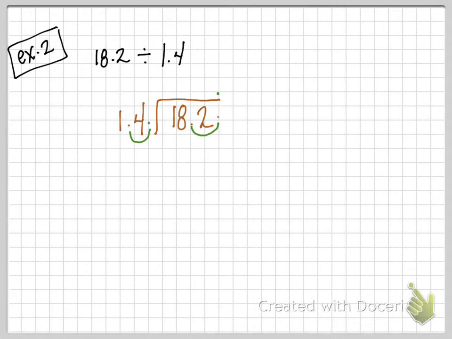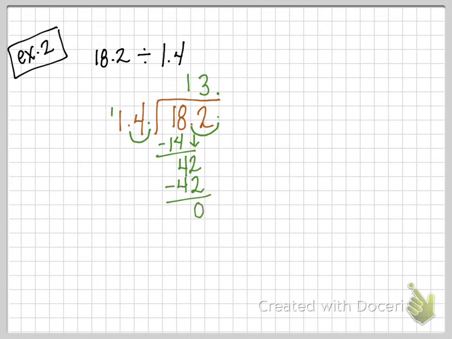Okay, 14 goes into 18 one time. 14 times 1 is 14. Subtract and bring down. 14 goes into 42 how many times? 3 times 4 is 12. 3 times 1 is 3 plus 1 is 4, 42.